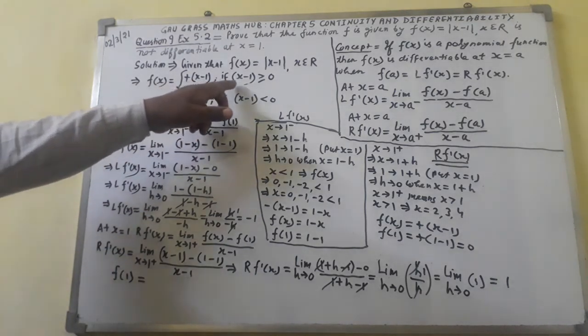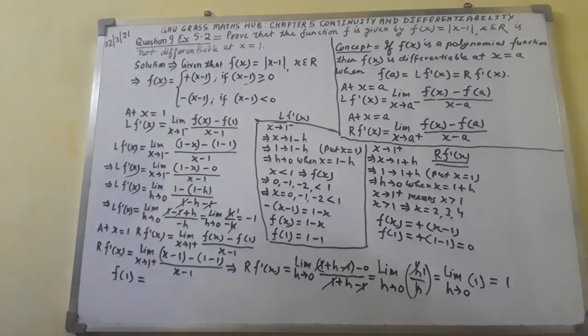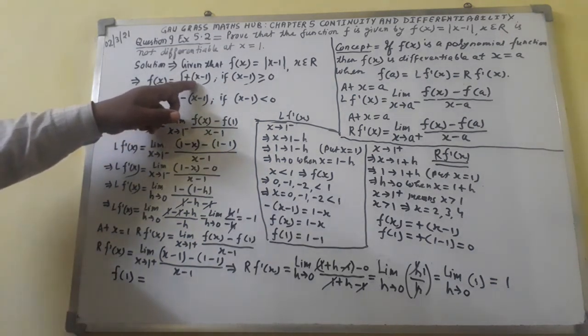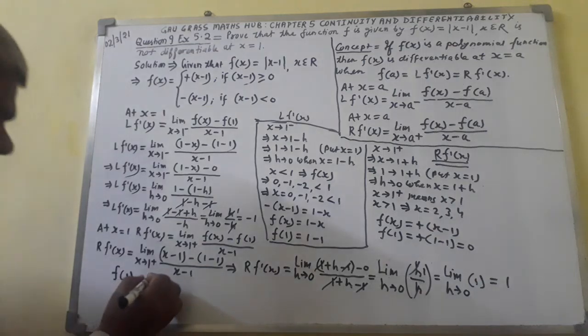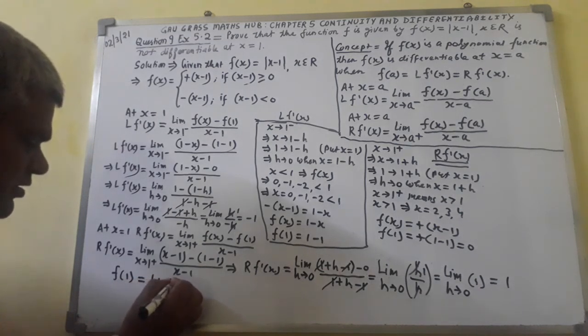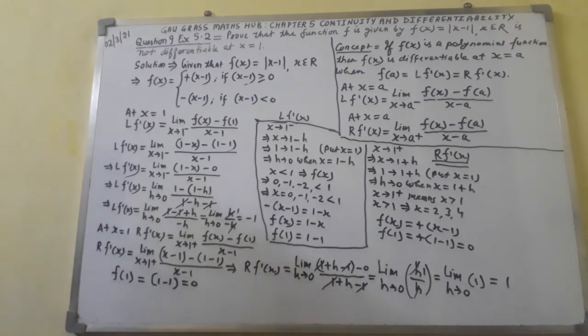This is the function in which the value of x must be 1. So in place of x I shall write here 1. So it will become 1 minus 1 comes out to here 0.